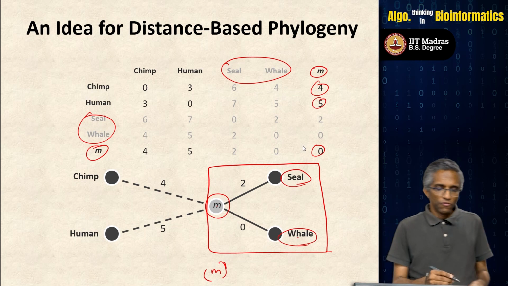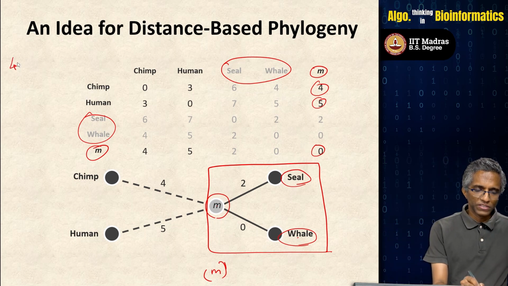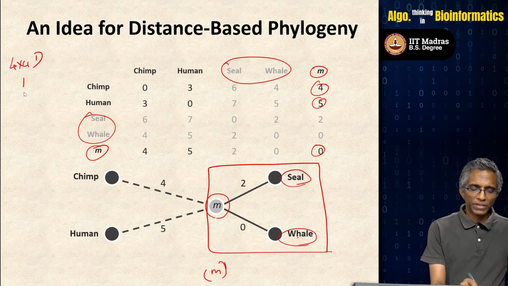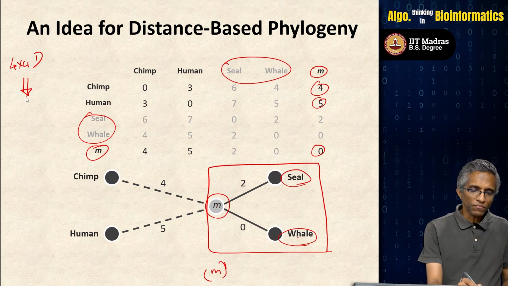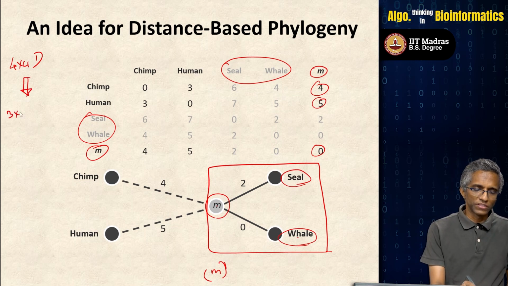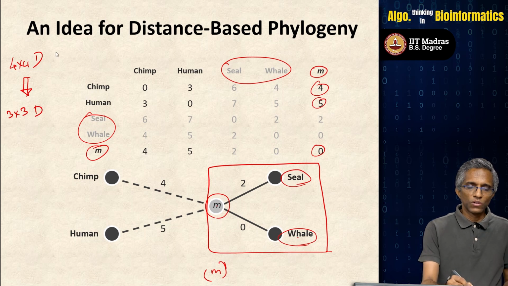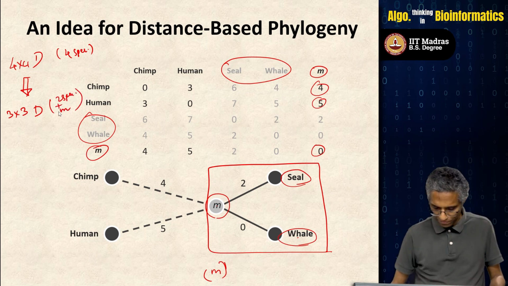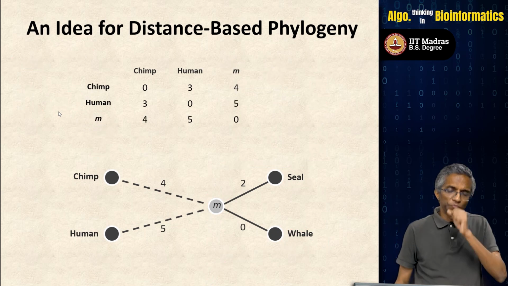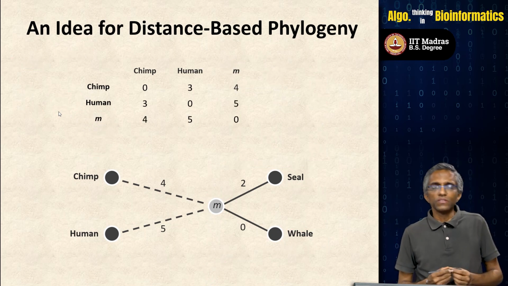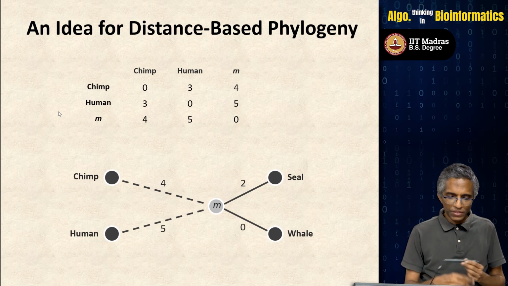So, from a 4 cross 4 distance matrix D, if I have picked a cherry correctly, I have reduced to a 3 cross 3 distance matrix D. This is over 2 species and an internal node M, rather than all the 4 species. Okay. So, that is what this looks like. So, this is one idea for the distance based phylogeny.